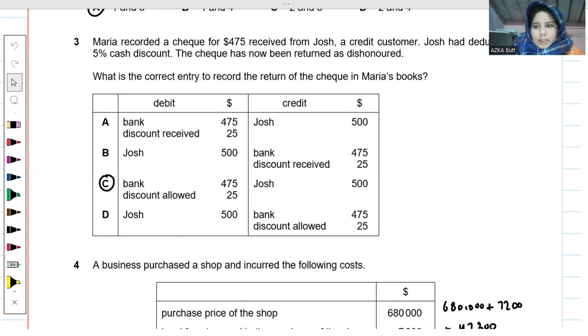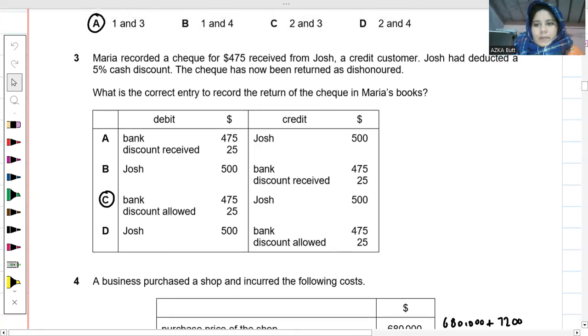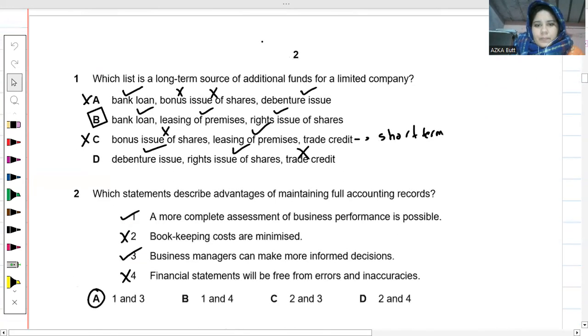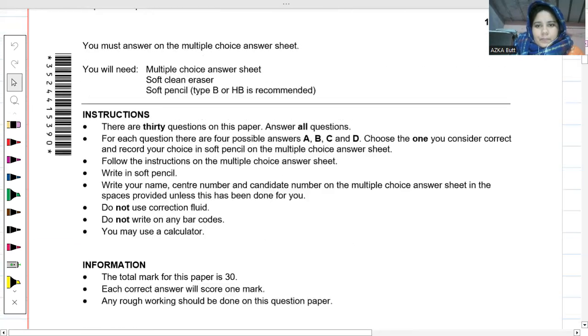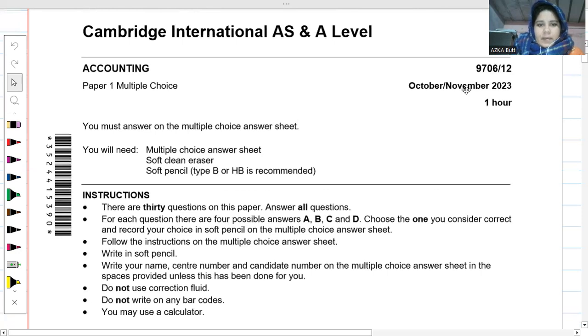I have given the solution of this paper on my Facebook page, so as you can see, this paper has been solved by me.